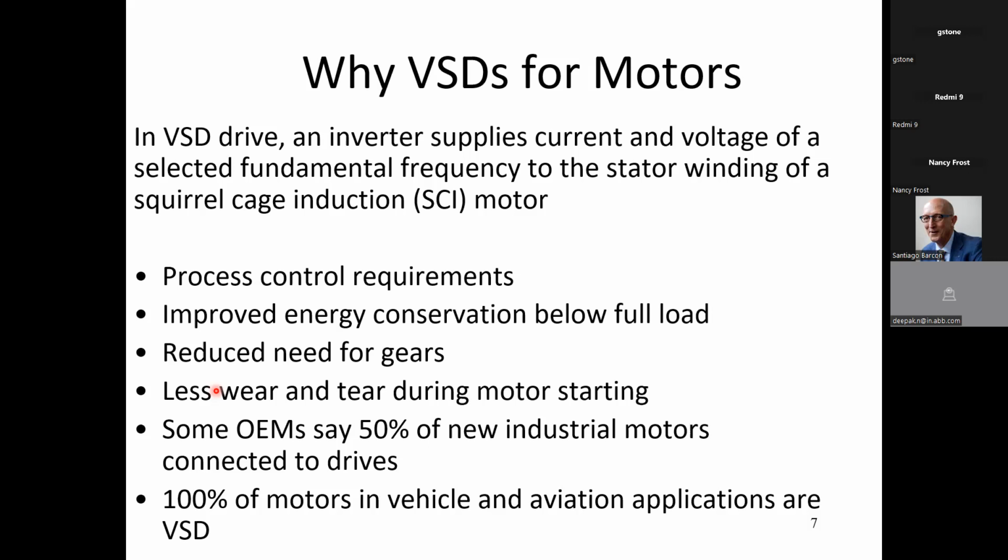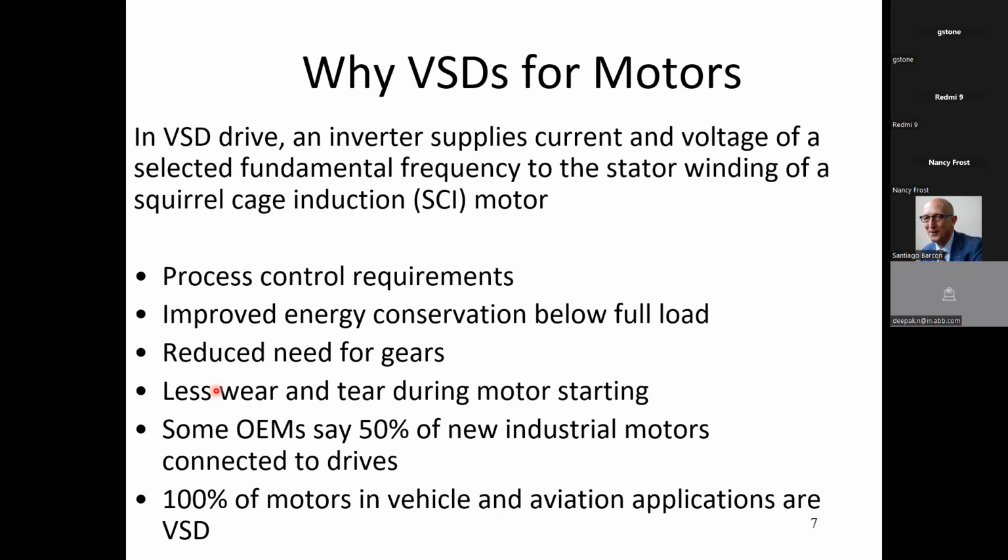And nowadays, when I talk to my friends in the manufacturers of motors, they're saying basically 50% of all new industrial motors are connected to drives. Okay, so that's a tremendous increase from say 20 or 30 years ago, when it was a relatively small percentage that was driven by a converter.